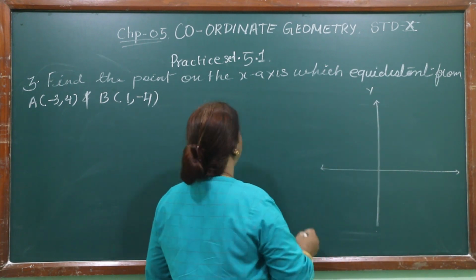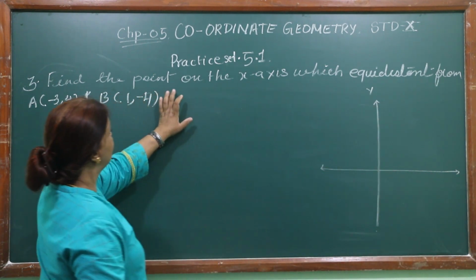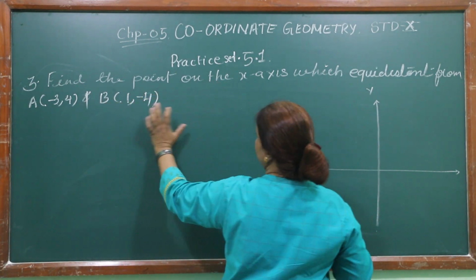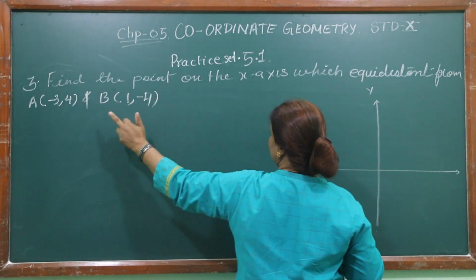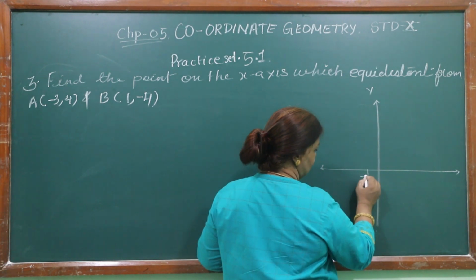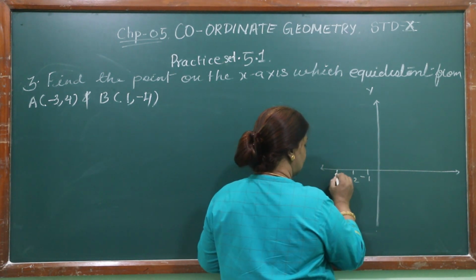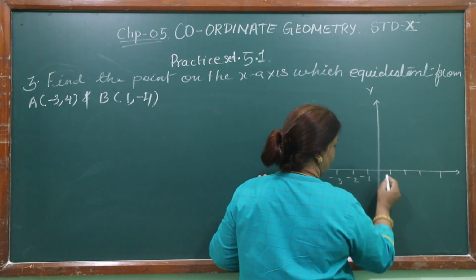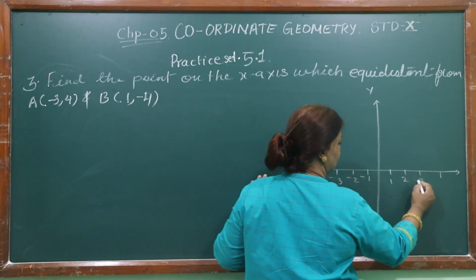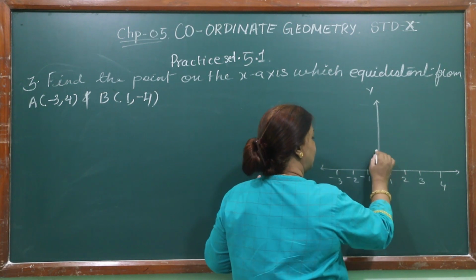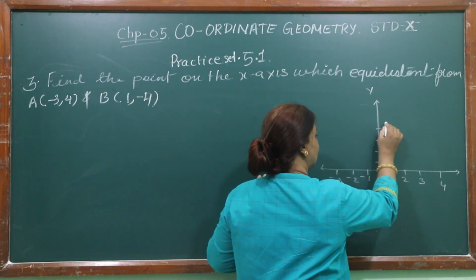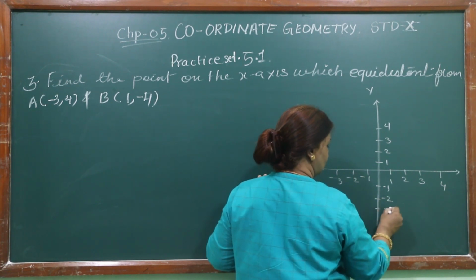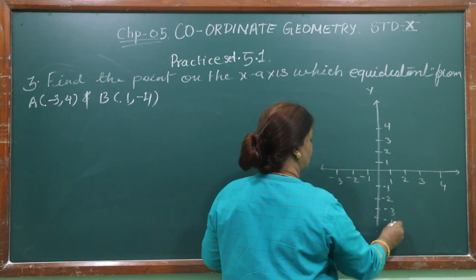So we want to find the point on the x-axis, and that point is equidistant from A and B. A is (minus 3, 4). If this is minus 1, this is minus 2, this is minus 3. This is 1, 2, 3, 4, and minus 1, minus 2, minus 3, minus 4.